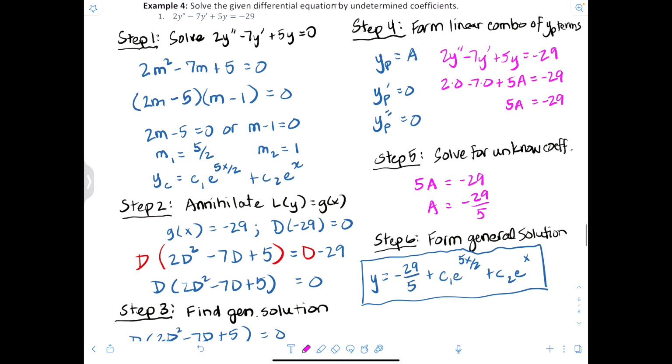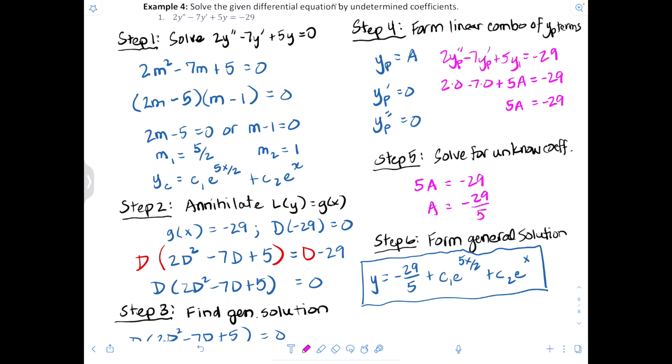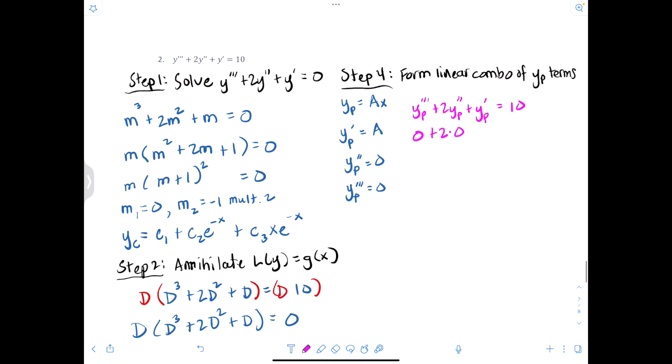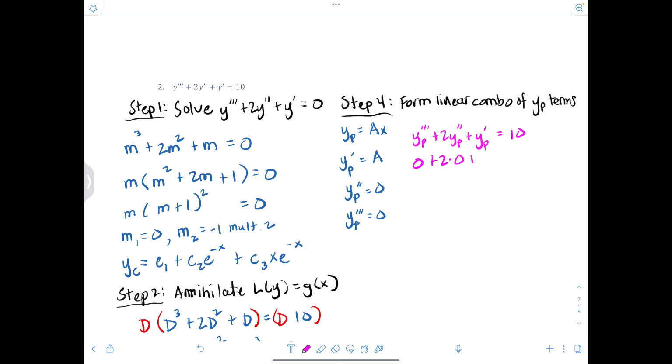You should put P for particular. And then we would have plus YP prime was A, and that's equal to 10. Now, I know it's not going to make a difference for this one, but I'm going to add in 0 times my YP term, which was AX, and that's equal to 10. That's going to zero out.